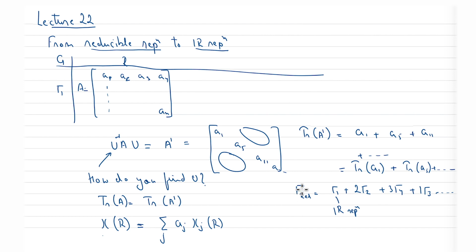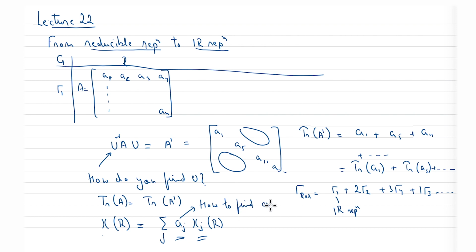So tau reducible is composed of several IR representations, a linear combination with some coefficients, because we don't know how many times tau 1 will appear in tau reducible, or how many times tau 2 will appear. That is defined by the coefficient a_j, and then this is the character of the jth irreducible representation under symmetry operation R. So it is very clear that any reducible representation can be broken down into a linear combination of irreducible representations. Now the problem is we don't know how to find a_j, right?